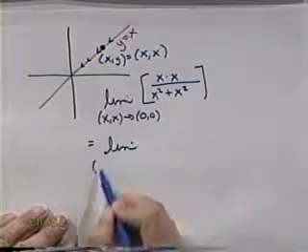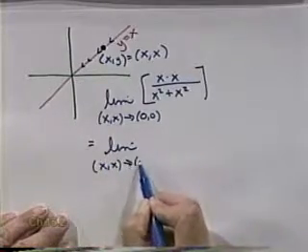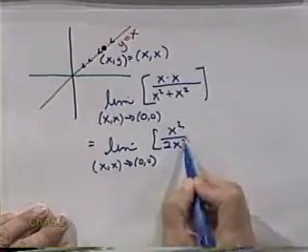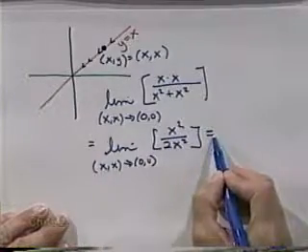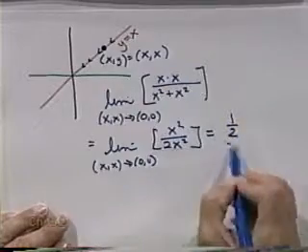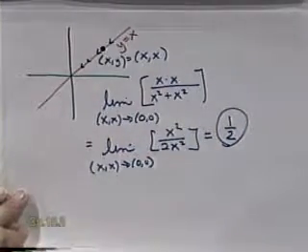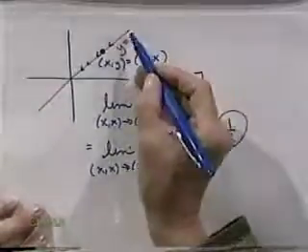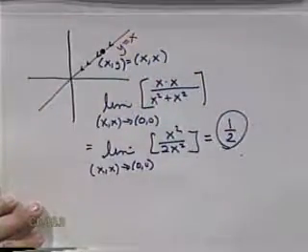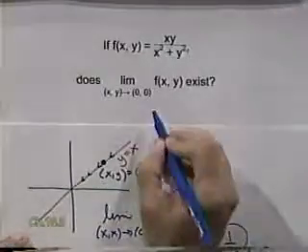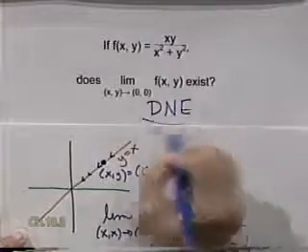I get the limit of x squared over 2x squared, which is always equal to 1/2. You see, coming in along the x-axis, I got 0. Coming in on the y-axis, I got 0. Coming in obliquely, I got 1/2. I have two different pathways with two different limits, and therefore this limit does not exist.